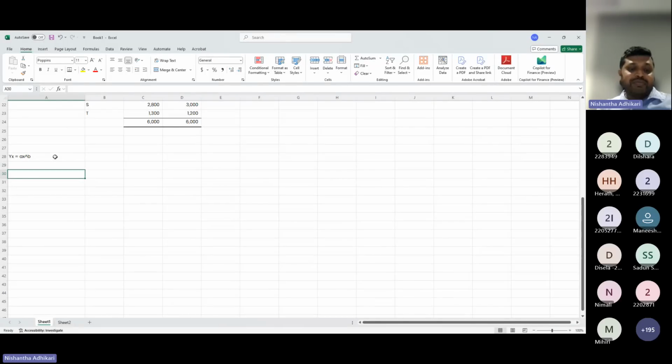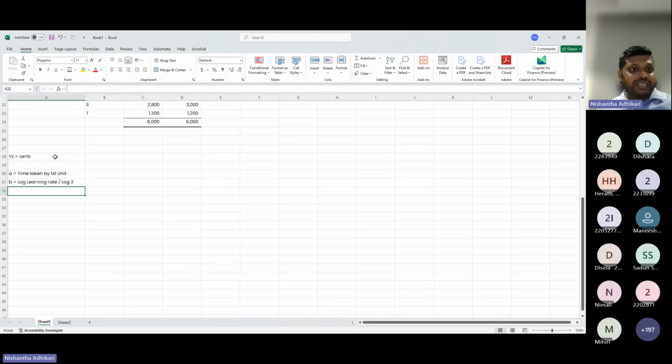A means the time taken by the first unit, first output. B is what? B is log learning rate divided by log 2, a constant.